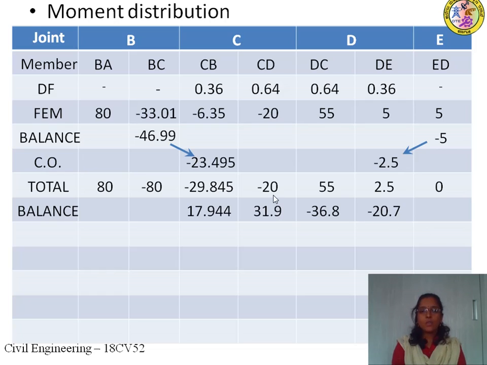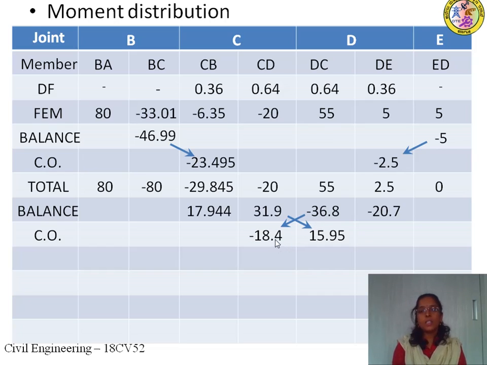So as soon as you apply moments at C and D, half of the moments will be carried from CD to DC, and that from DC to CD. So half of 31.9 from CD to DC will be 15.95, and that from DC to CD, half of minus 36.8 will be equal to minus 18.4.